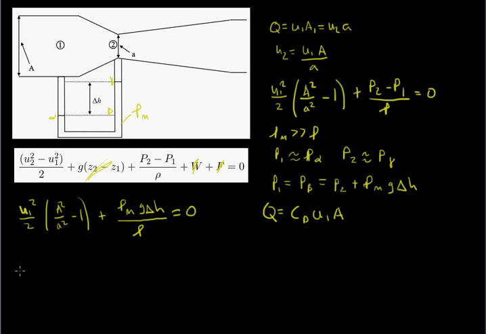So now let's go ahead and solve for Q. So Q is going to equal CD A times U1. So we need to solve for U1.